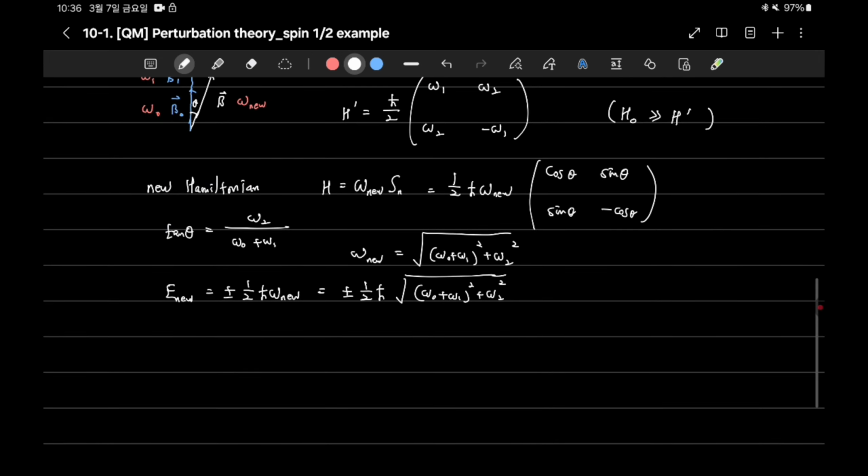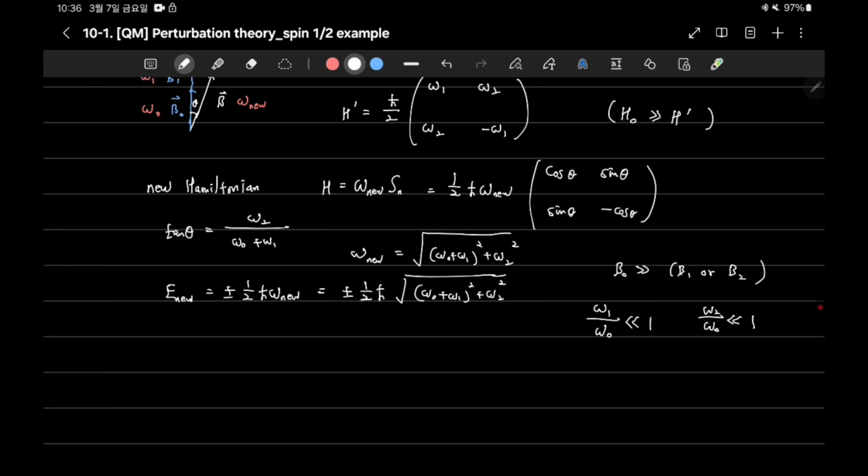Then here we assume that H prime is very small, so in the magnetic field, B0 is much higher than B1 or B2. In other words, omega 1 is very small compared to omega 0, and omega 2 is very small compared to omega 0 also.